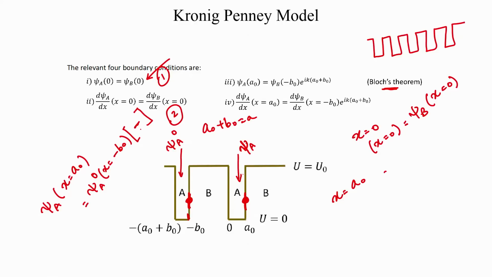That multiplication factor is e to the power i k a, where a is your lattice constant and k is a coefficient that represents the wave vector.